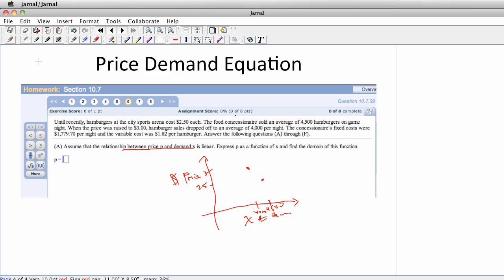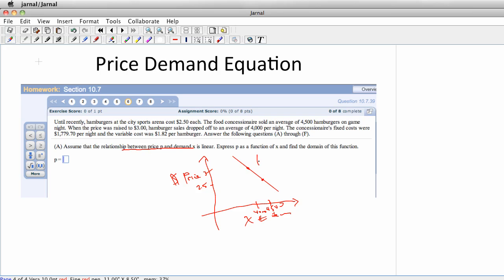And if you read through the first 2 sentences of this problem, that's exactly what it's telling you. But they tell us that the function is linear. So that means that there's a line that goes through these points that's supposed to give us our relationship between price and demand all the time. How do we find that? Well, that's just the equation of a line. So this line goes through these points.